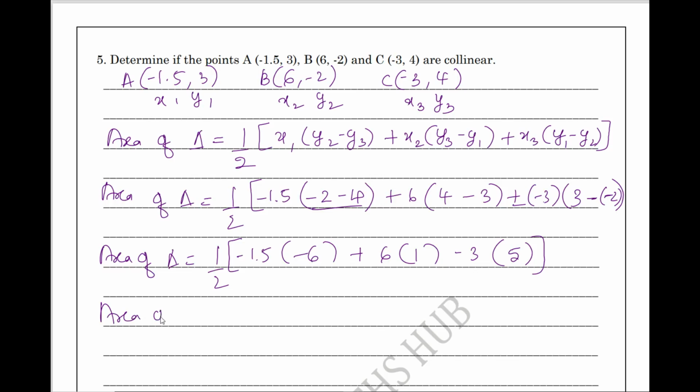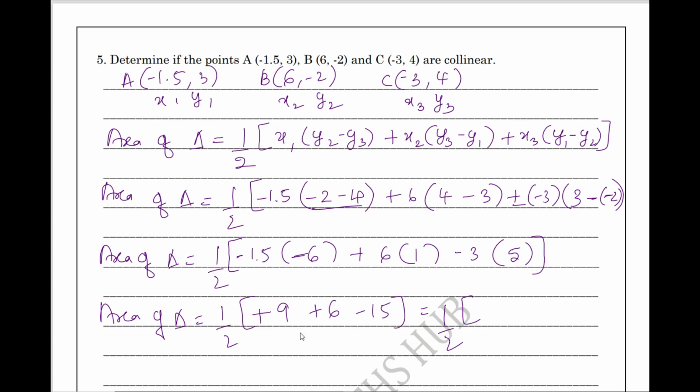Now multiply minus into minus, it becomes plus. Now 1.5 into 6, that is 15 into 6, we get 90, move one decimal point, we get 9. 6 into 1 is 6, minus 3 into 5 is minus 15.